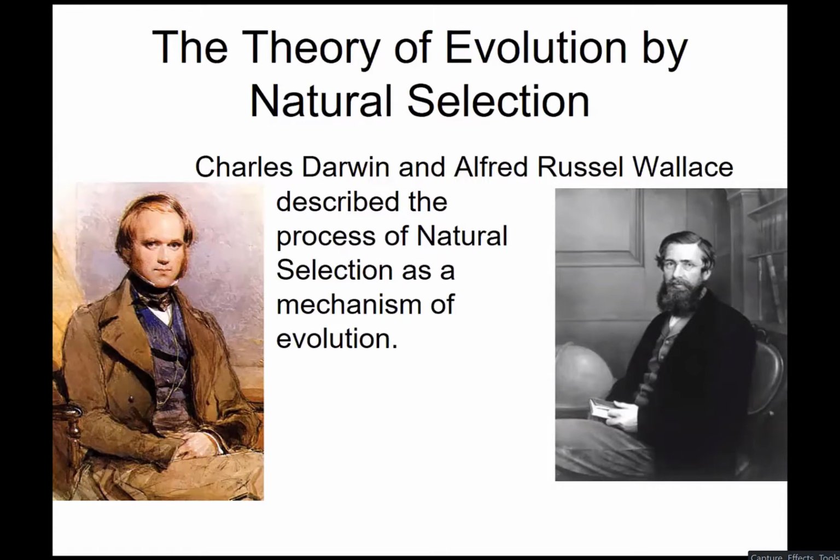The second condition that both Darwin and Alfred Russel Wallace argued for is that there's individual variation among the members within a species and within a population. Much of that variation is heritable, which means it's located on the chromosomes, it's a genetic component, and it can be passed down from one generation to the next.